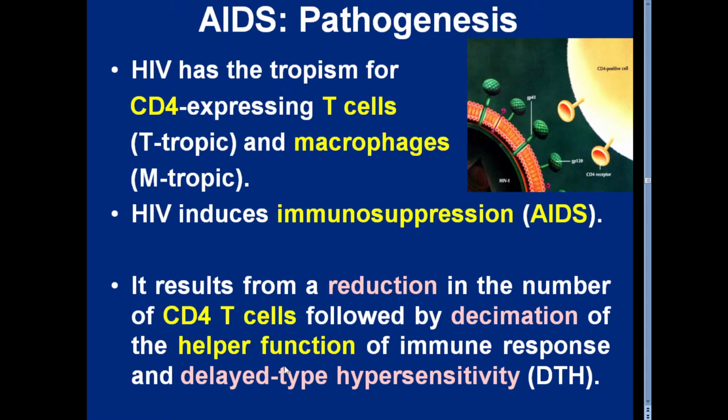The result of the reduction in the number of CD4 T cells is a loss of T helper functions of the immune response and delayed type hypersensitivity. The function of CD4 cells, or T helper cells, is regulation of the main chain of the adaptive immune response, both the cellular immune response and the humoral immune response.